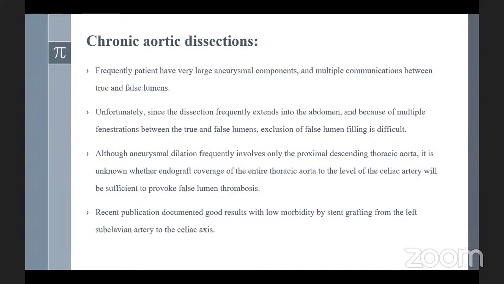Endovascular management also is an option for that, but it's unknown whether the endograft of the entire thoracic aorta at the level of the celiac artery will be sufficient to cover all the entry tears or thrombose all the false lumen. But a recent publication showed a good result with no morbidity by grafting the aorta from the left subclavian artery to the celiac axis.